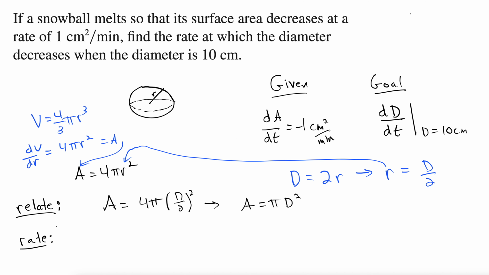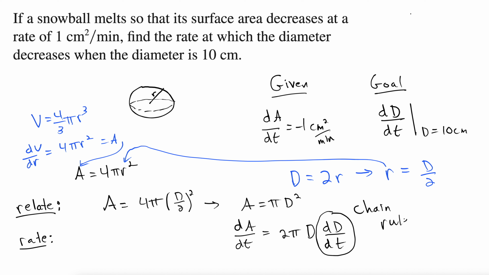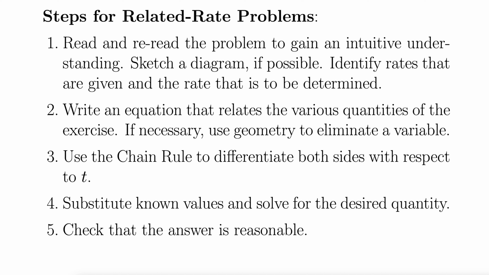So we're taking d/dt of both sides here, so dA/dt equals, over here we have 2 pi D, that's the power rule, and then the chain rule dD/dt. Because we're taking the derivative with respect to time and not with respect to D, we have to tag on this extra chain rule step. This is simply the chain rule. If it were u, we'd have to tack on a u prime. It's the same idea.